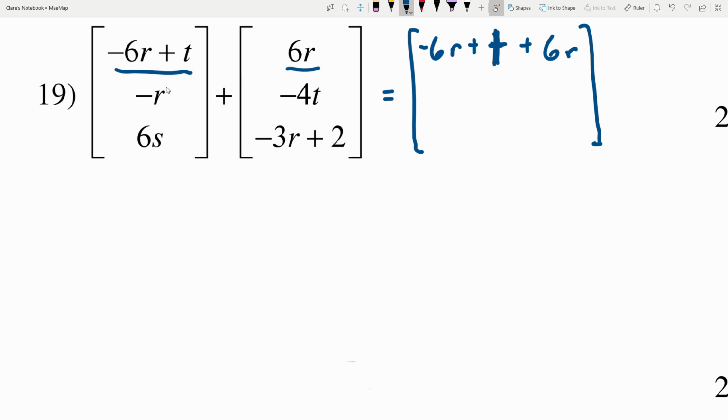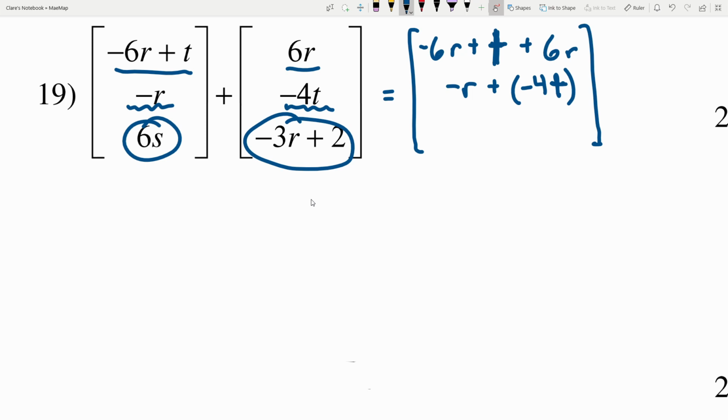Now we're going to do second row, so negative r plus a negative 4t. And then finally our third row, first column added to third row, first column is going to be 6s minus 3r plus 2, because we're adding a negative 3r, that's subtracting a positive 3r, and then we're adding 2.